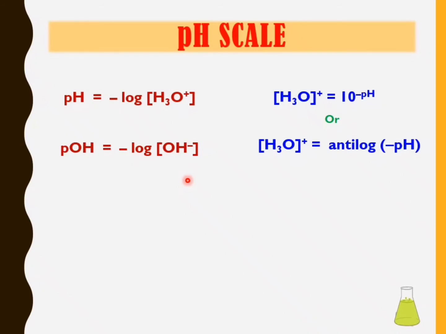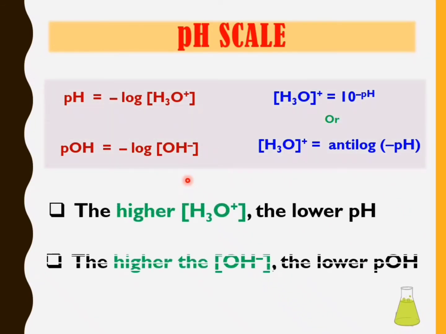Okay, boleh? Okay, next. So this is the relationship between concentration and pH. So the higher concentration H3O plus, the lower the pH. Makin tinggi concentration H3O plus, kita tahu kalau pH kosong tu, pH kosong adalah memang asid yang paling kuat. Okay, so the higher the concentration OH minus, the lower the POH.